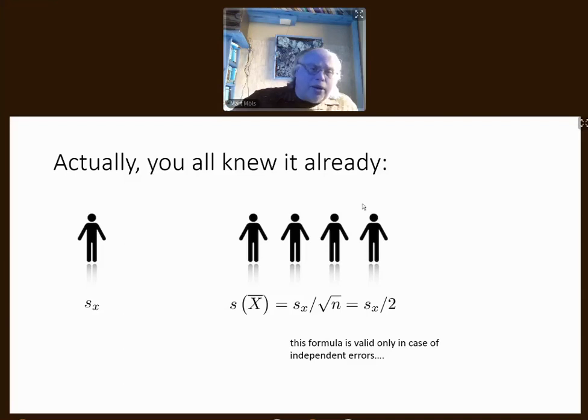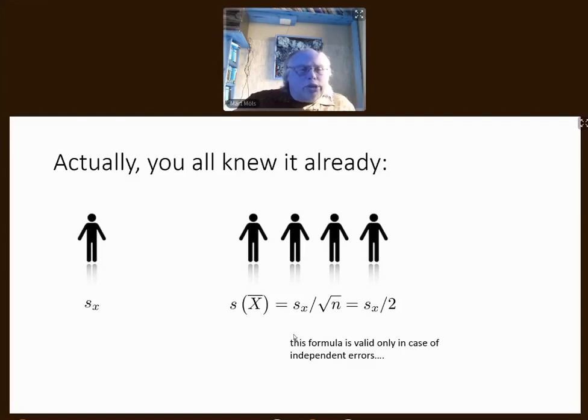Here we have a sample of size 4, so the square root of 4 is 2. So basically, if we would try to predict the mean of 4 people, then we can get much more accurate predictions compared to if we just want to predict the value of interest for one person.